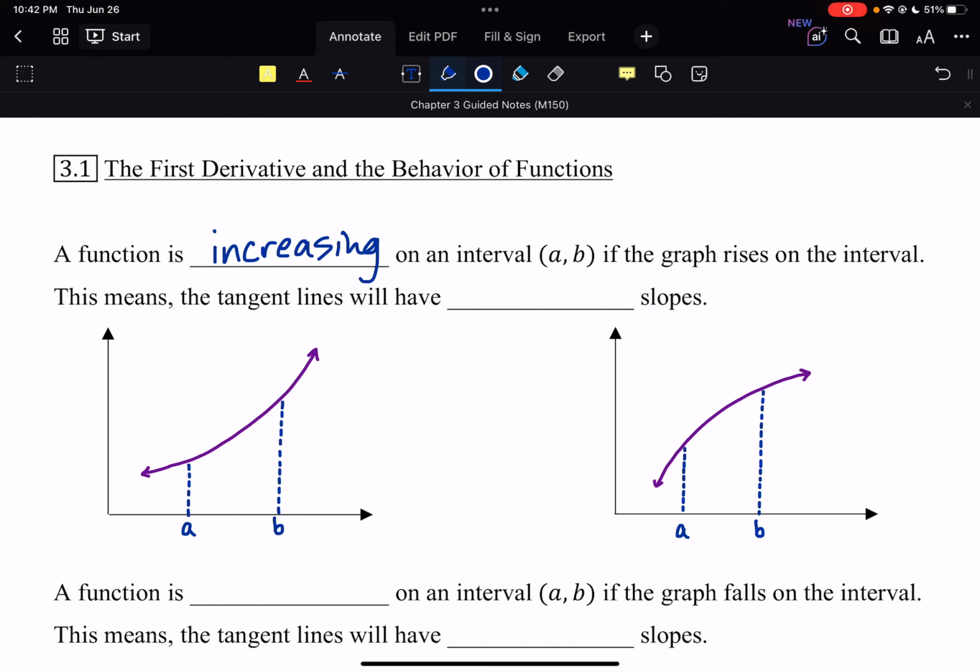So if we're thinking about tangent lines that could be drawn between A and B, if we picked some points out here just at random on graphs like this, and we draw the tangent lines, you can see that the slopes of all of these lines are going to be positive.